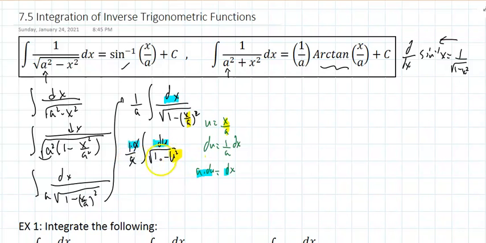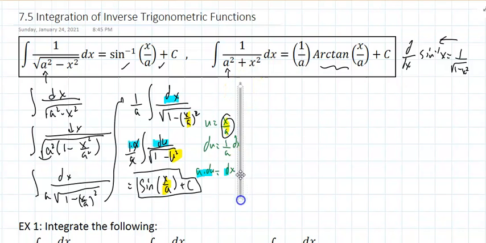Those cancel out. And this is nothing more than the inverse sine of u plus c, and if I substitute u back in, u was x over a, and there it is. Now we could use it without deriving anything.